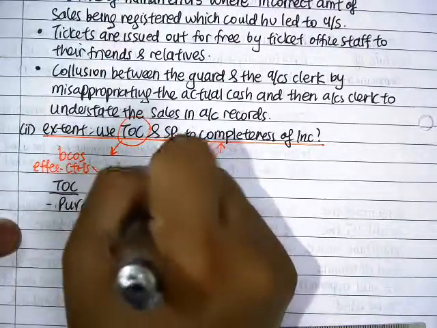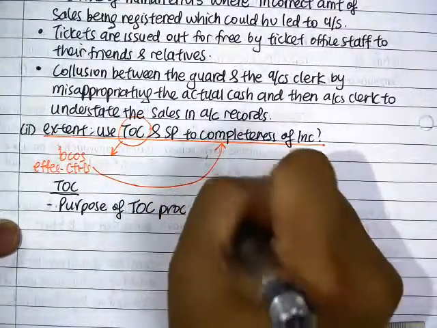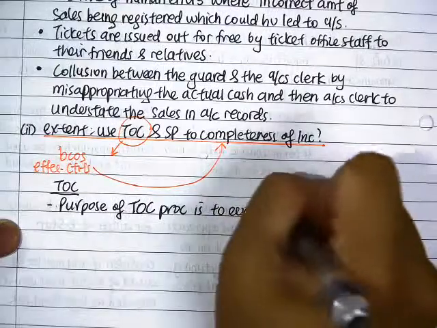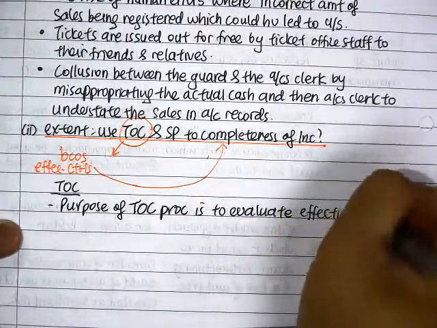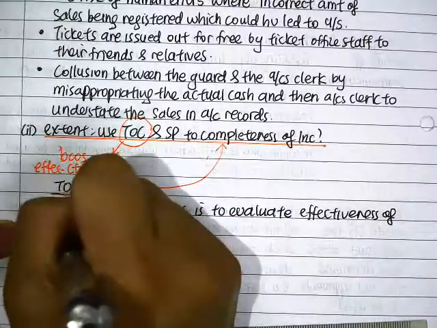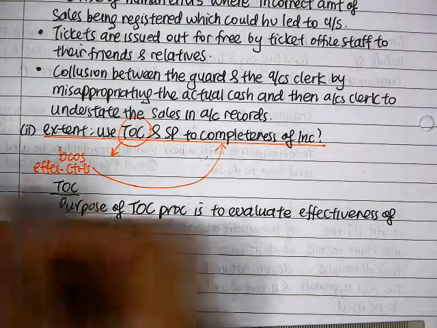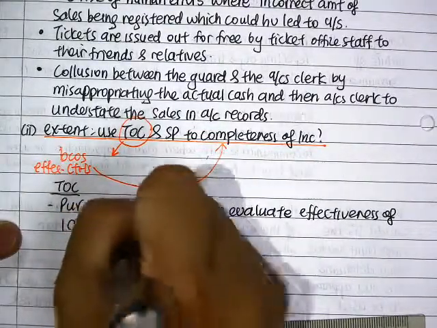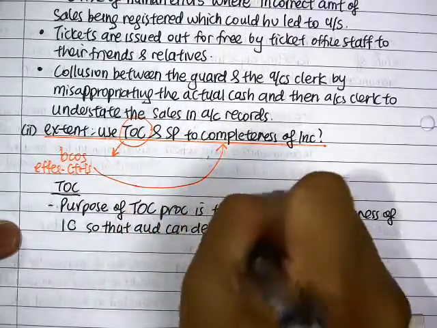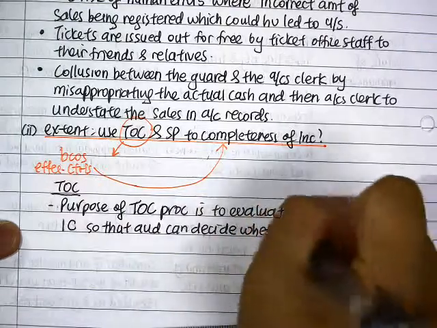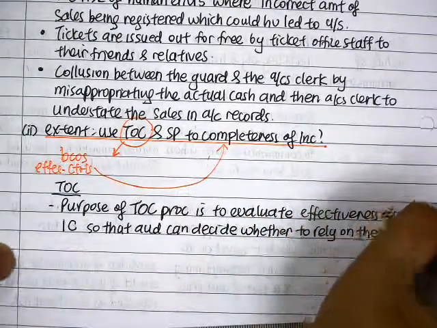Now, the purpose of test of control procedure is to evaluate the effectiveness of an internal control. Why? So that the auditor can decide whether to rely on them.